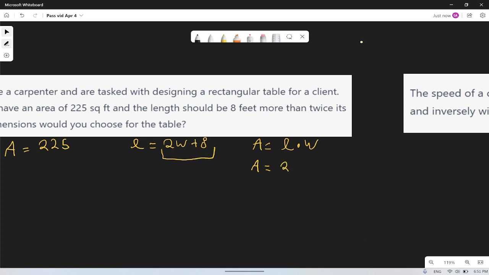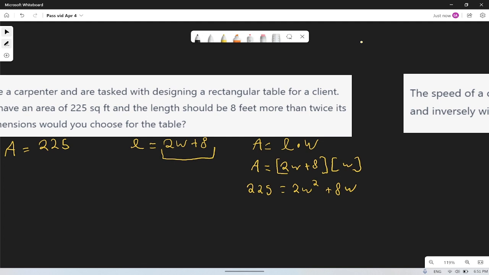So that'll give us A equals 2W plus 8 times the width. And then we also know the area is 225. So now we'll multiply this out. So that'll give us 2W squared plus 8W.